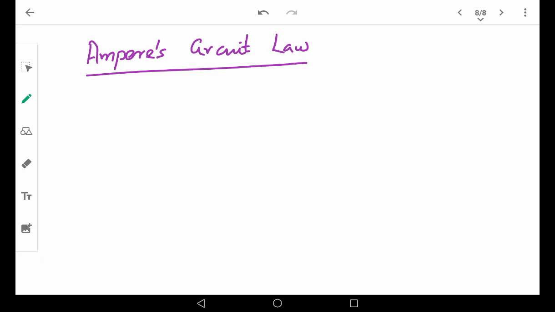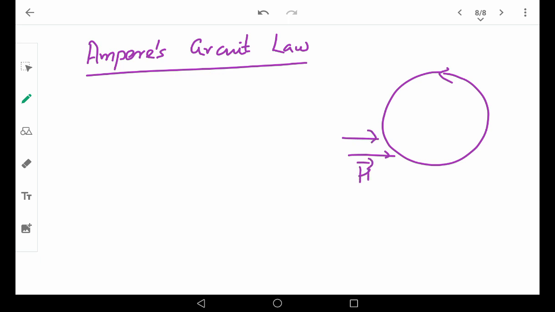Suppose you have a closed path like this, and you want to take the integral of some magnetic field H around this closed path.